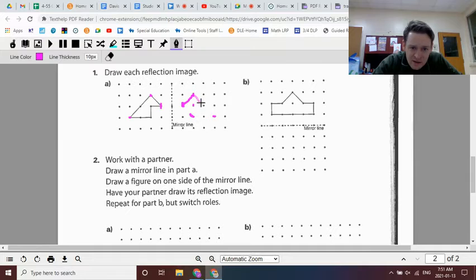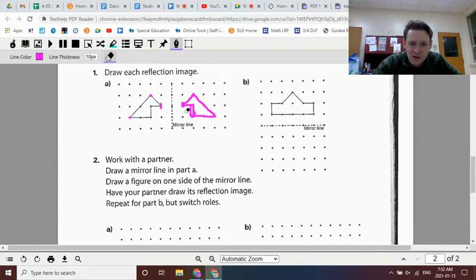I'll try to do it as best as I can. I can't use a ruler, but you can, so there's no excuse for your shapes to be sloppy. And if you don't have a ruler, you can use something with a flat edge. So let's see if I can make this line a little more accurate.